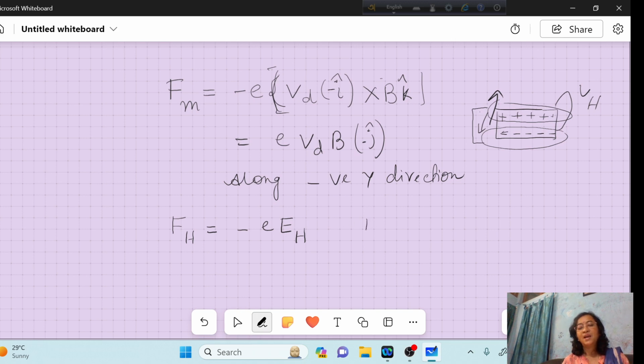That means Fm is equal to Fh. So e into Vd B, this will again be along the negative y direction.